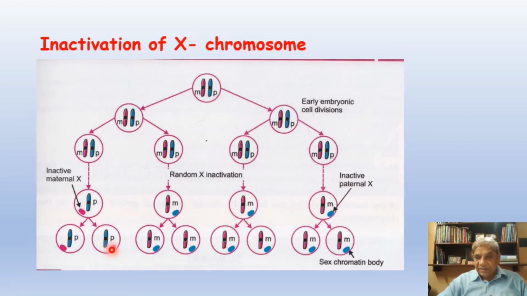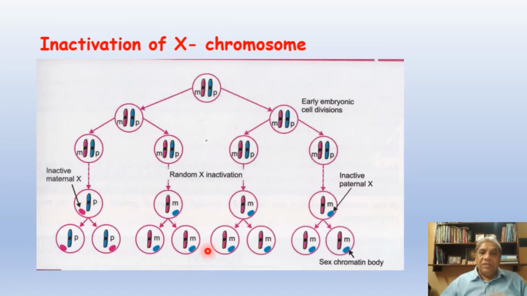The paternal chromosome coming from the father will always remain active in all the subsequent cells. See here what happened: the maternal chromosome is active and the paternal chromosome has become inactive and has formed the bar body.